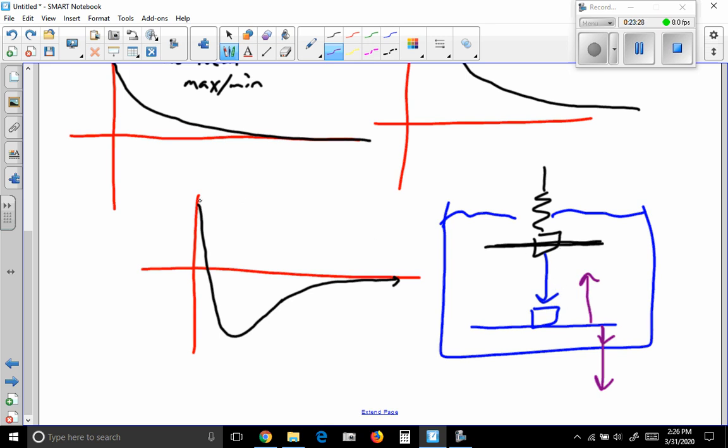So we reach this minimum position somehow, but then we're not able to get back to equilibrium.